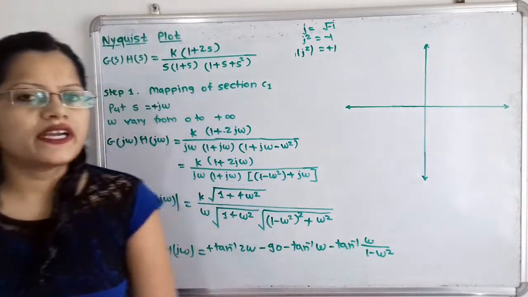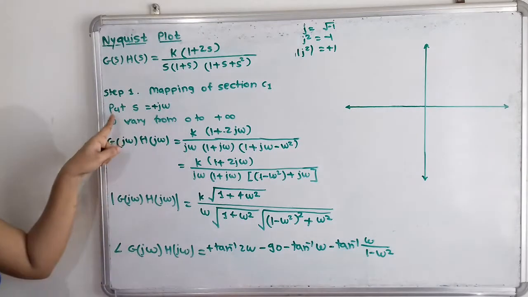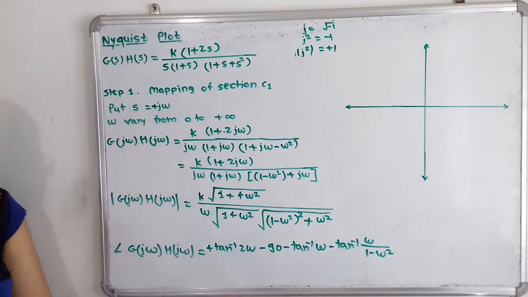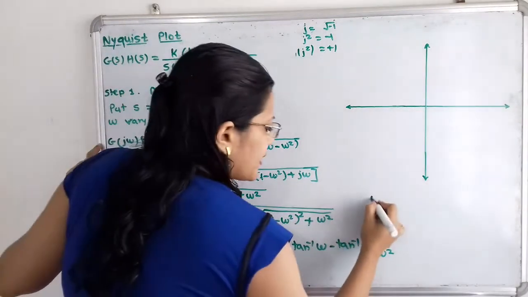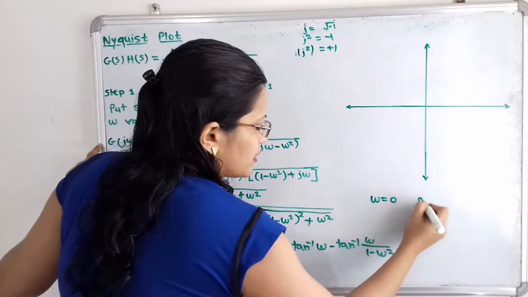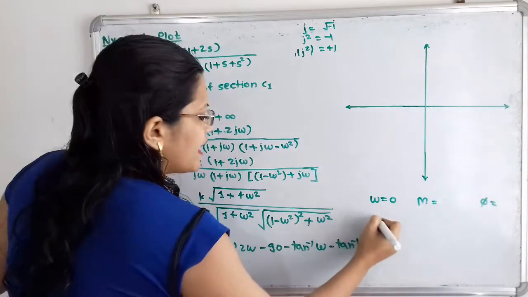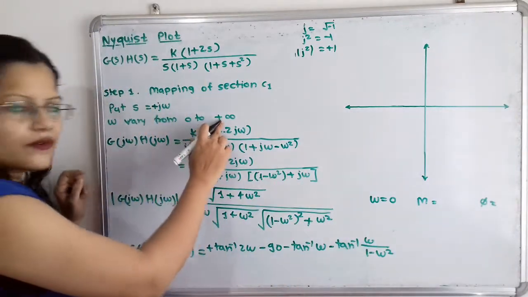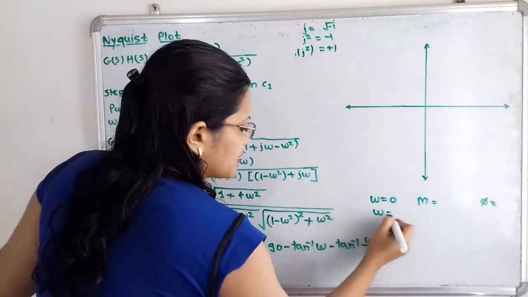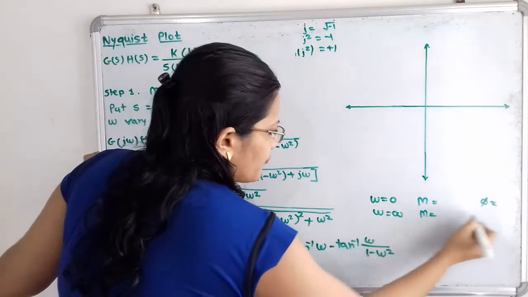Now we will put in the values of omega, which varies from 0 to infinity. When omega is equal to 0, what are the magnitude and the phase angle phi that we have to calculate? And when omega is equal to infinity, what are the values of the magnitude and phi?